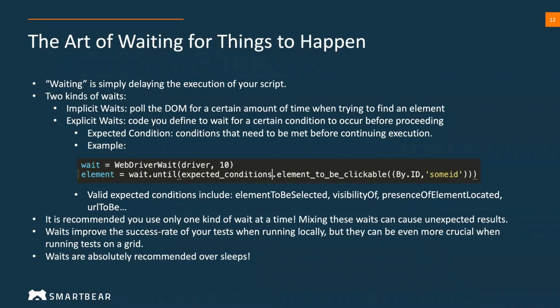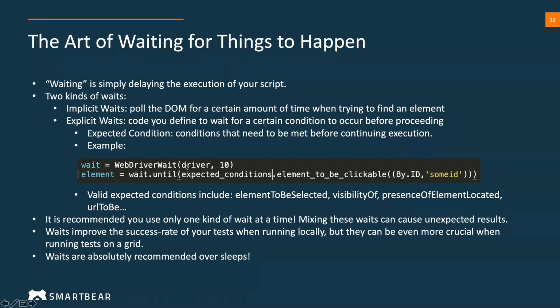Explicit waits, on the other hand, are a little different in that they are expecting specific conditions to occur before continuing the script execution. Implicit wait was doing that too, but you have a little more freedom to specify the condition you want with explicit waits. And explicit waits are on a per-use basis. So let's actually look at this code sample. I've defined this WebDriver wait and named it wait.